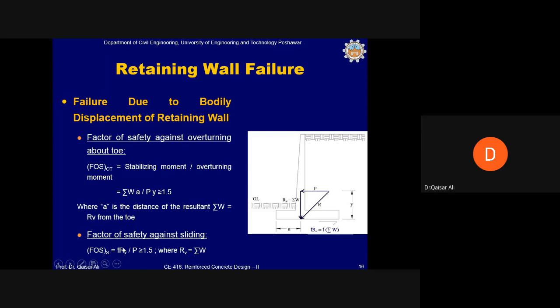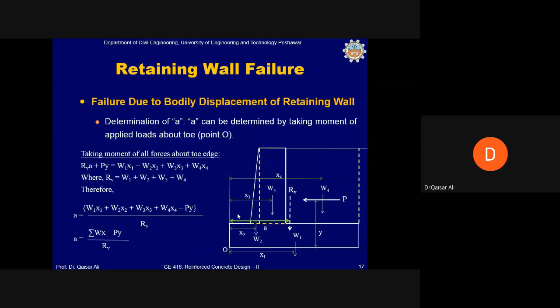So summation of W or RV multiplied by mu or f, which is the coefficient of friction between the soil and the base, divided by P, which is the sliding force, must be greater than 1.5, so that the 1.5 factor of safety is also maintained against sliding. This will ensure that the retaining wall is stable and will not overturn or slide.